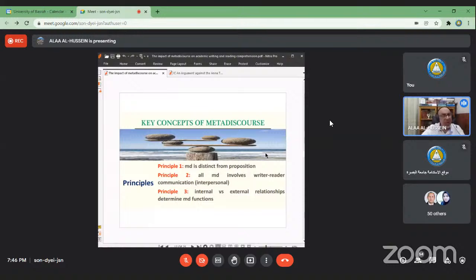We can't know whether it functions as meta-discourse or not until we see the context, the surrounding words, the function of this phrase or vocabulary item, for example. So these are the three principles of meta-discourse in Hyland's interpersonal model of meta-discourse.